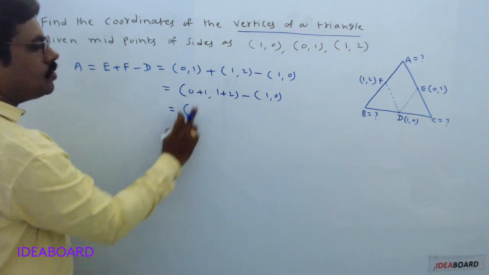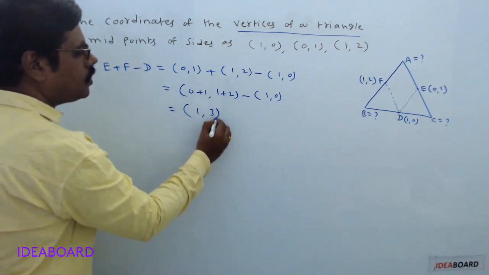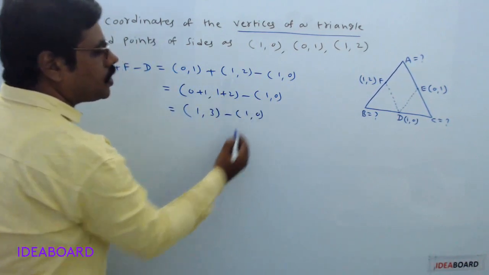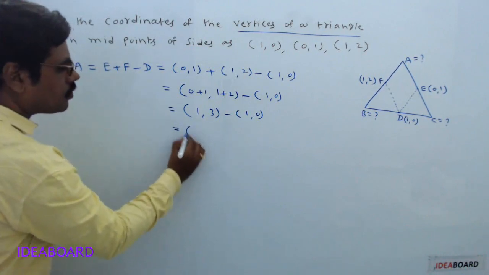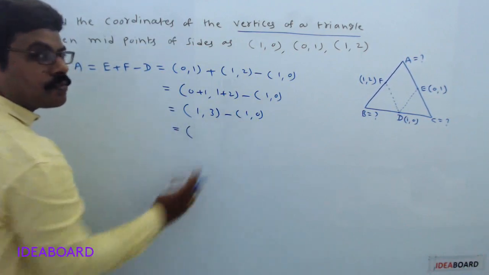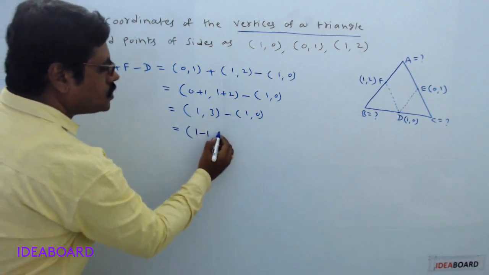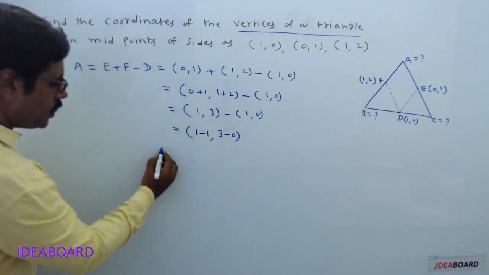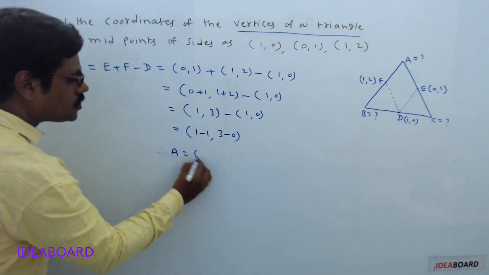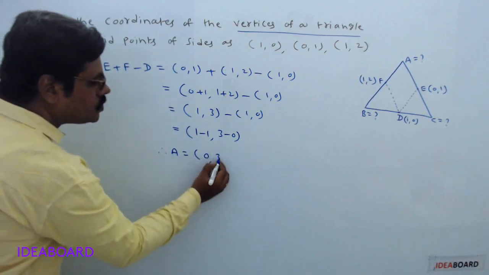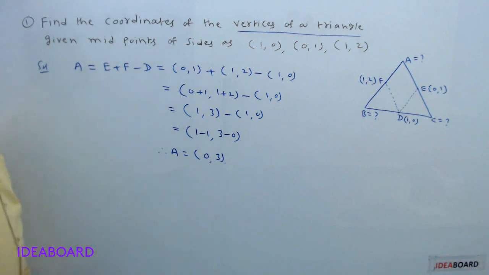This is (1, 3) minus (1, 0). Now subtract the corresponding coordinates: (1 minus 1, 3 minus 0). So coordinates of A equal (0, 3).